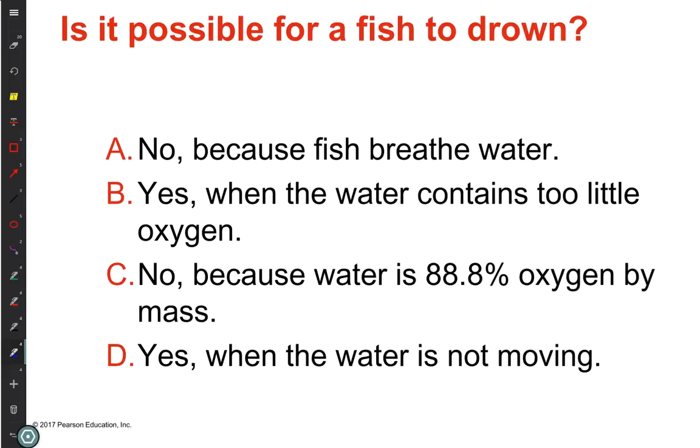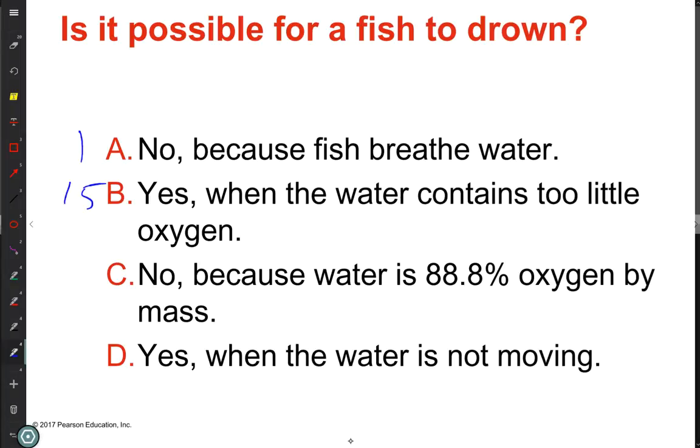Okay, there you answered. So we have, strong here. Yes, when the water contains too little oxygen. One person said, no, because water is 88.8% oxygen by mass. It is true from there to there. Water is mostly oxygen by mass, right?